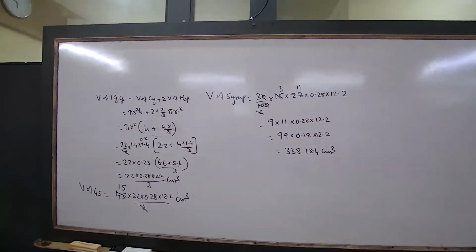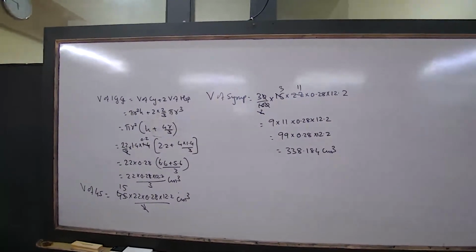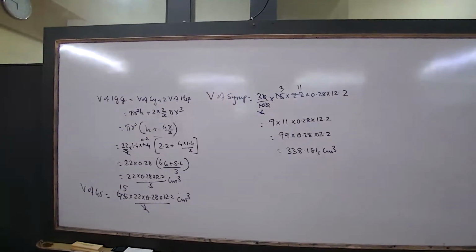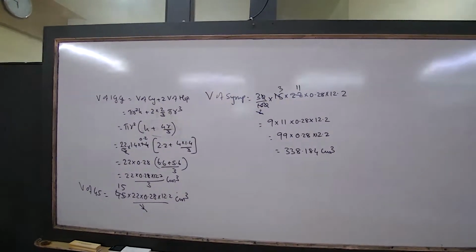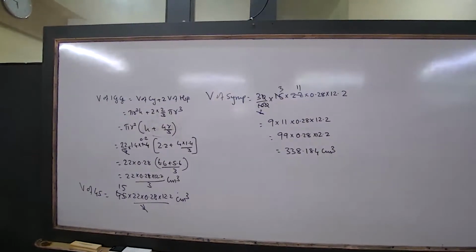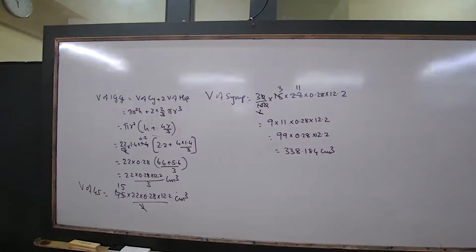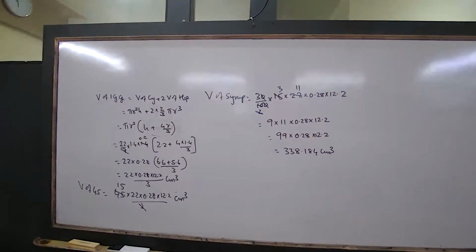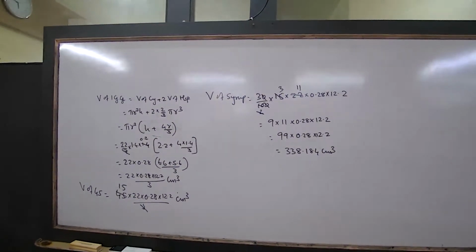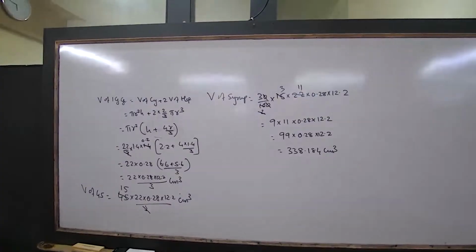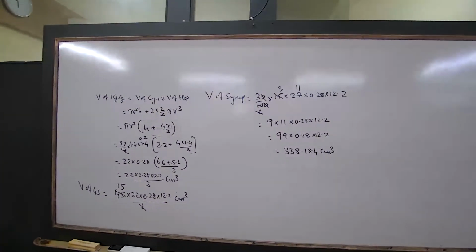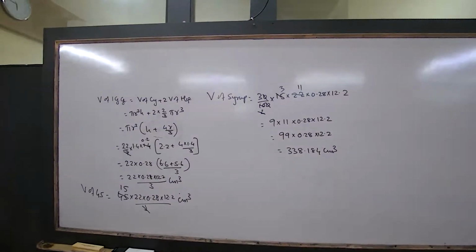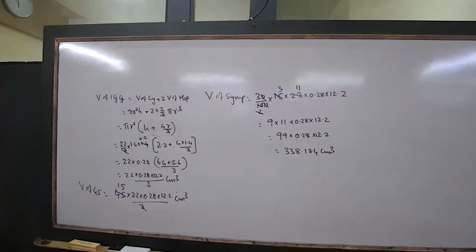Number of lead shots is equal to 1/4 into volume of the vessel divided by volume of one lead shot.